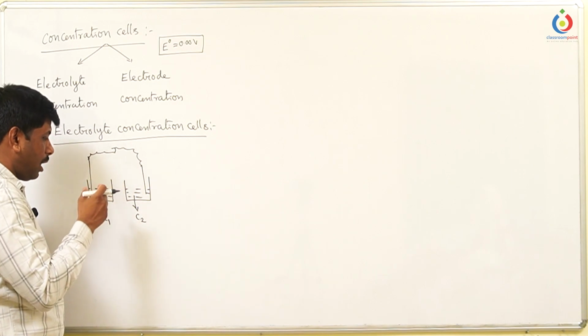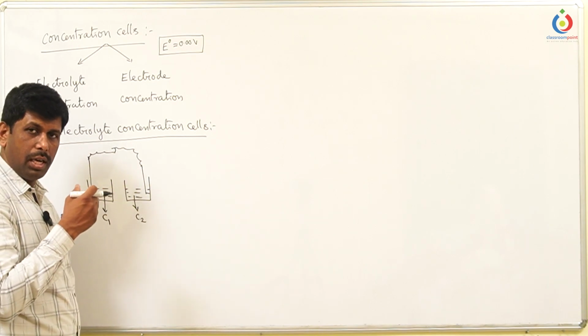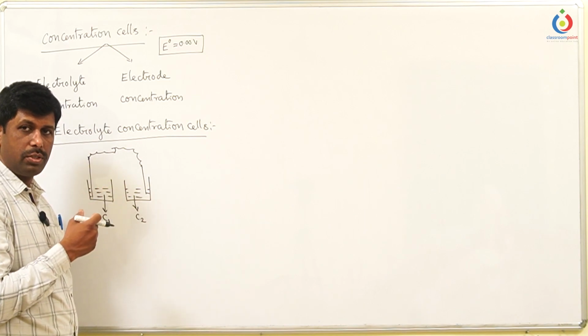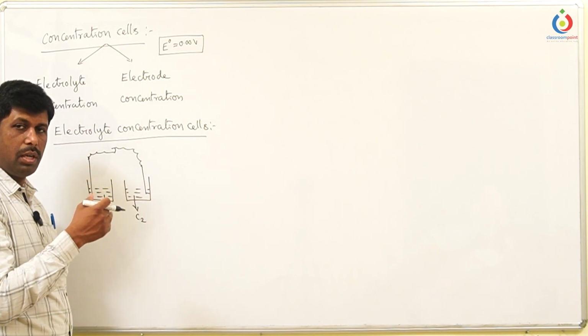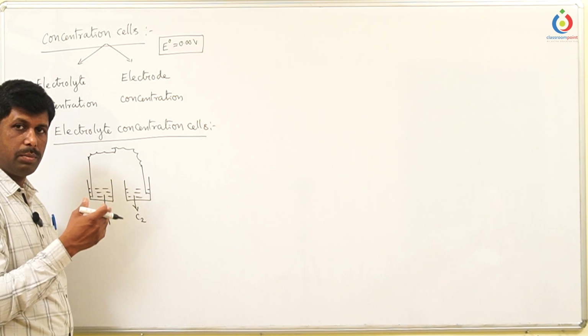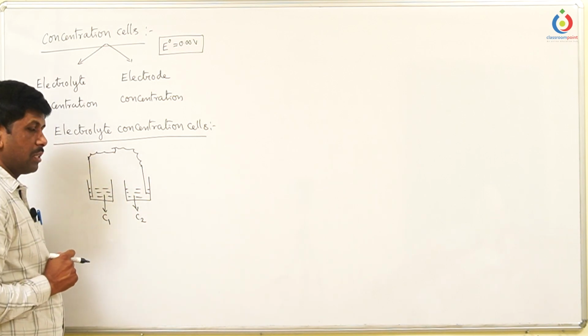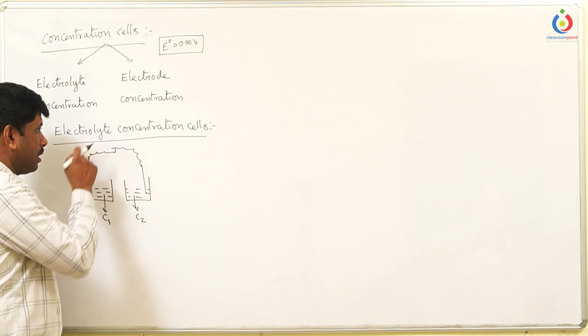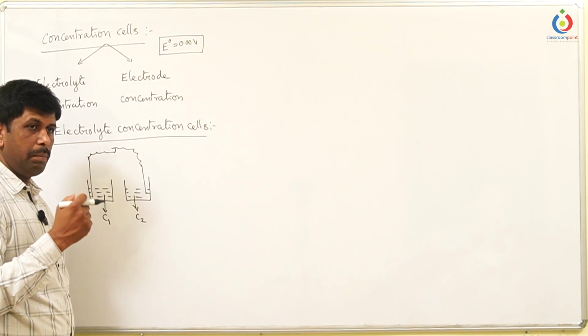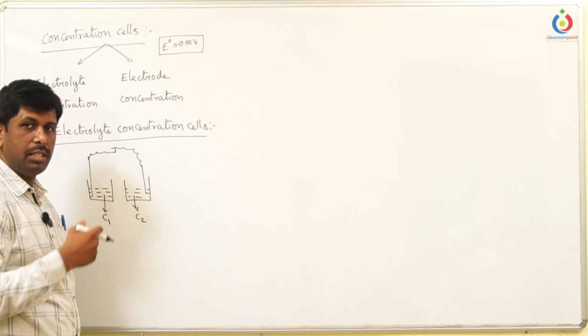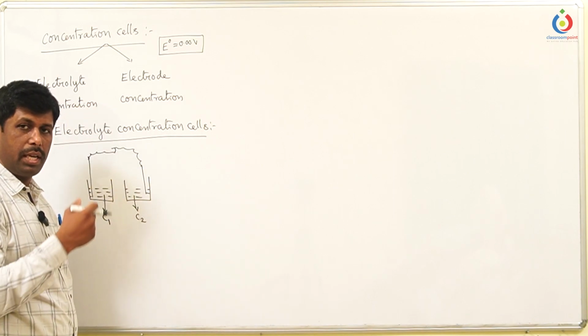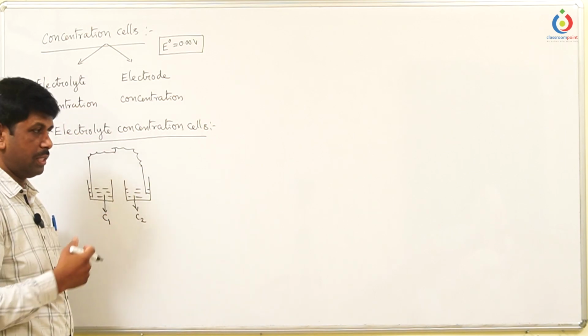So after a certain time, the concentrations of both solutions become equal and the EMF of the cell becomes zero. That's the reason why in electrolyte concentration cells, the EMF value is very high at the initial stage of the reaction, but gradually decreases as time passes.